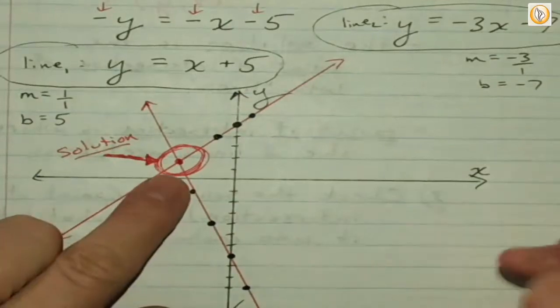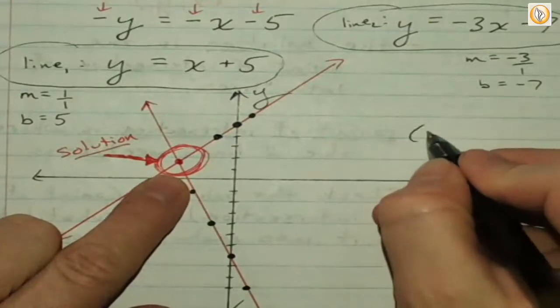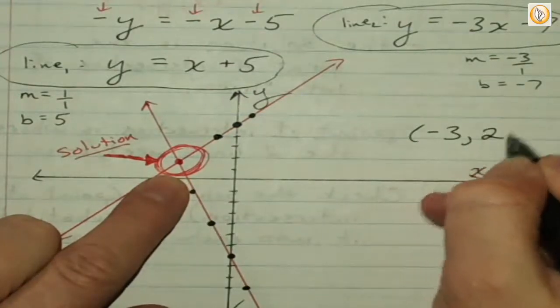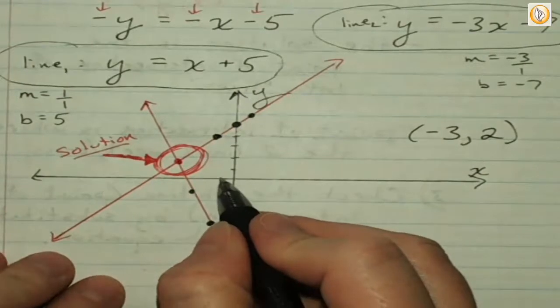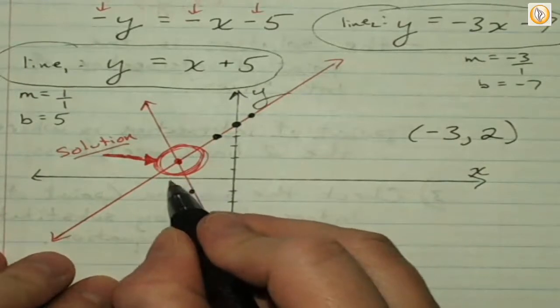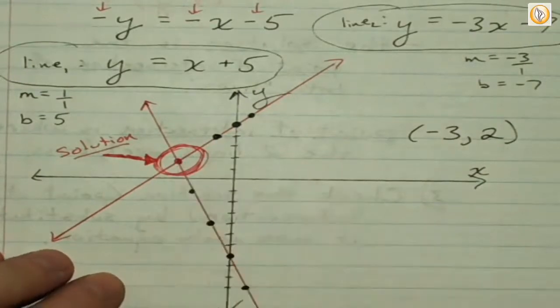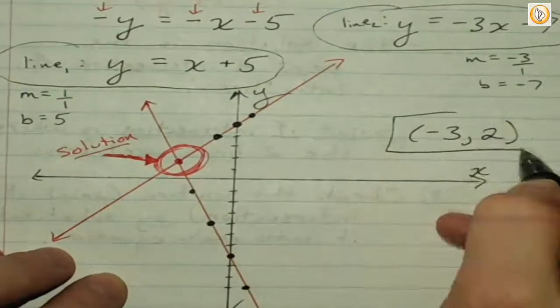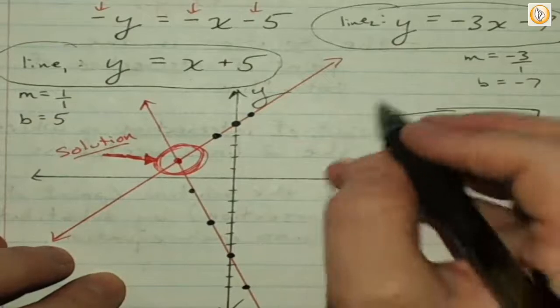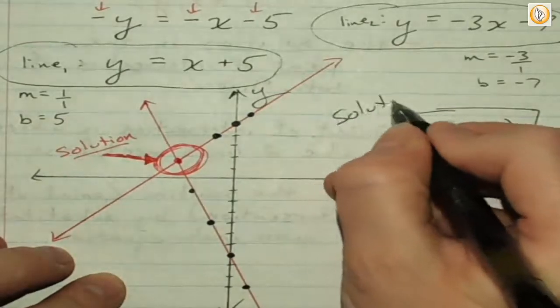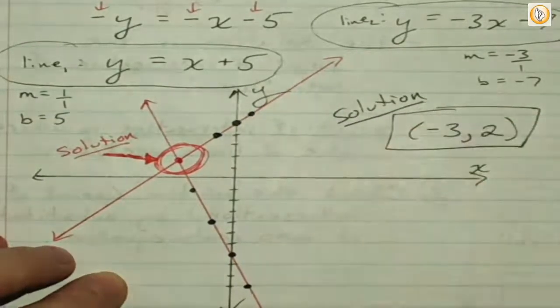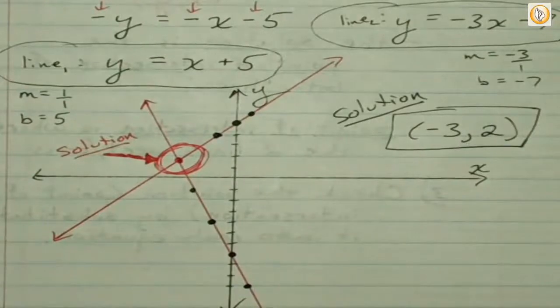Okay, so this would have been, if we had done it on graph paper, -3, 1, 2, 3, and then +2. So this, boys and girls, is your answer. This is your solution. Does that make sense, what you're doing today?